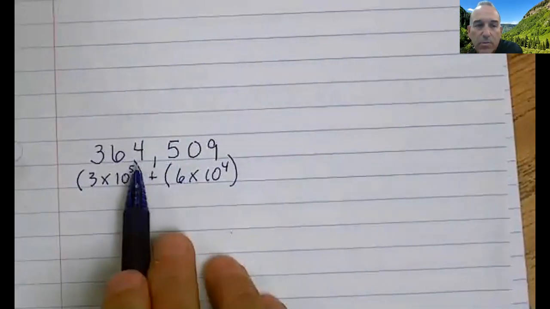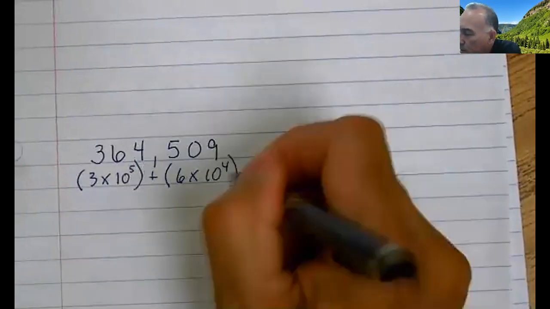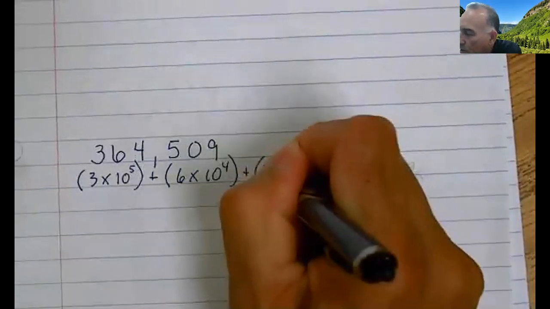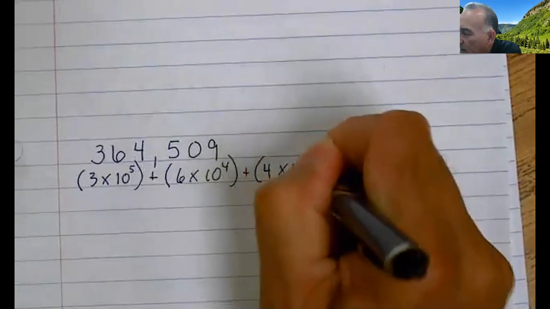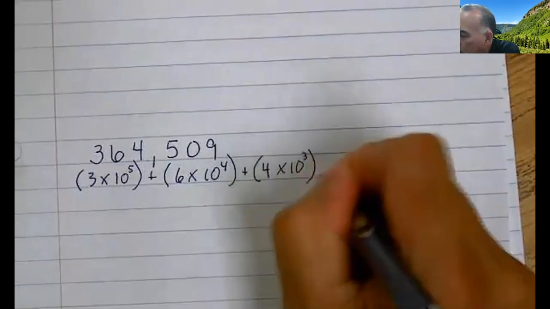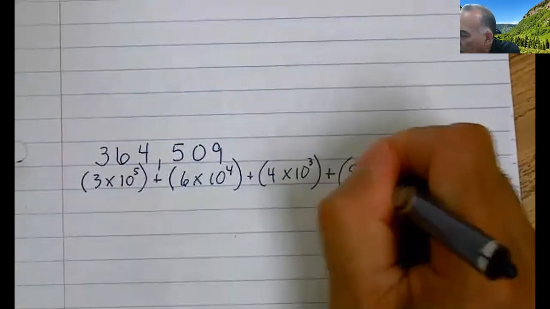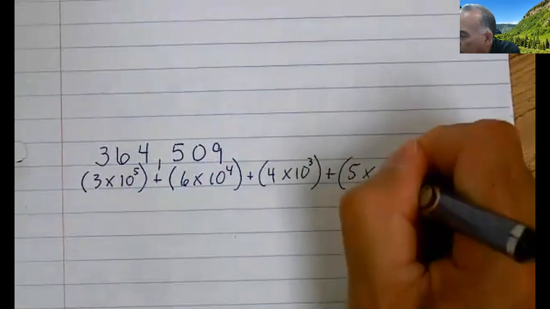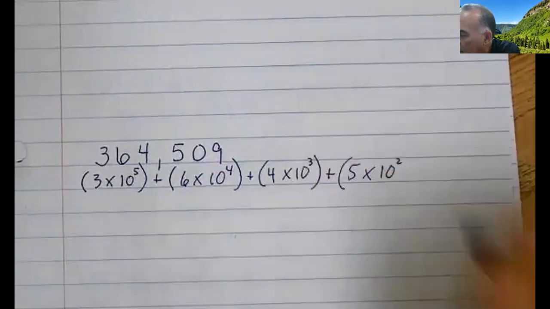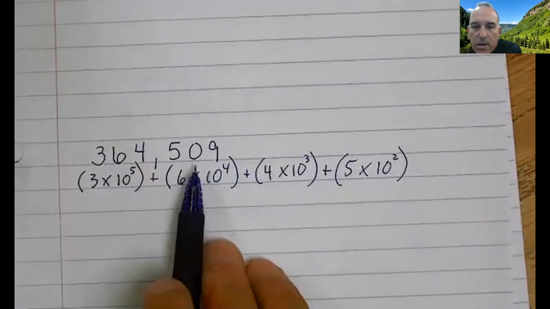Let's represent this one in exponential form. This one is going to be 4 times 10 to the third plus, this is going to be to the second, 5 times 10 to the second. Careful here. It has a 0 here.